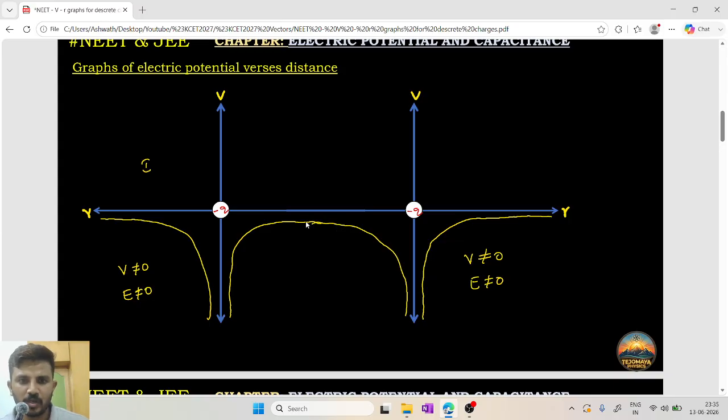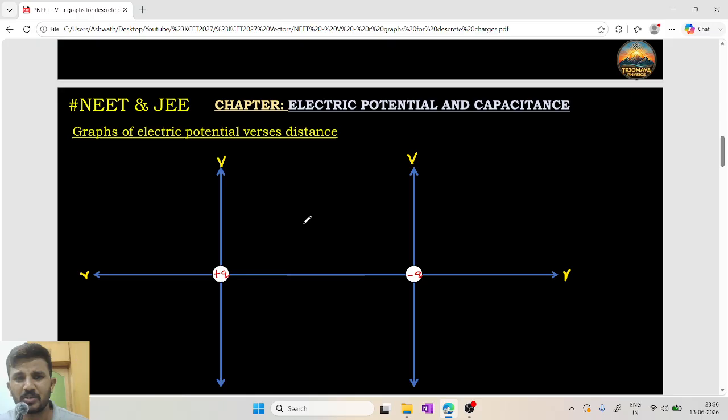So at one point there will be a point where electric field is 0. So this point, let's consider C, where electric field is 0 because the slope is 0, right? Slope is 0, therefore electric field is 0. But electric potential is not 0. There will be some electric potential there. Okay, this is how we draw the electric potential versus distance graph for minus q, minus q, opposite to plus q, plus q.